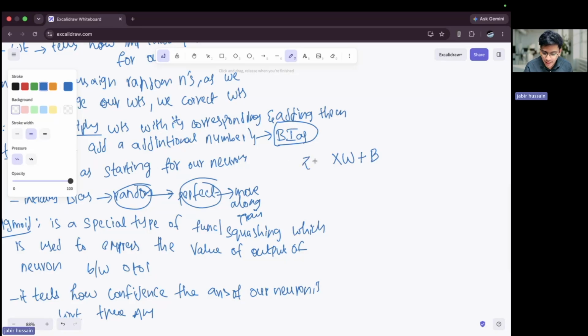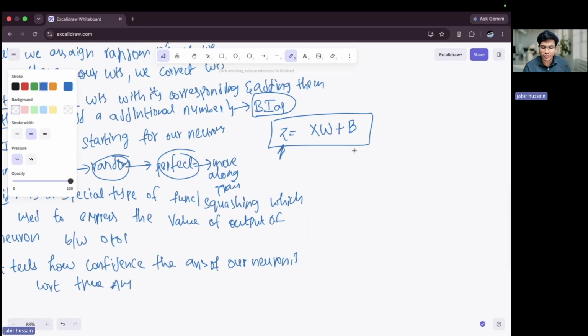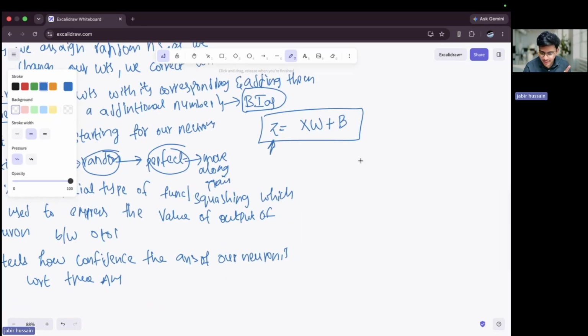And this is the output of the given neuron. Mathematically, I take all inputs, multiply them with their corresponding weights, then add an additional number, and this is my Z, the output of the given neuron.